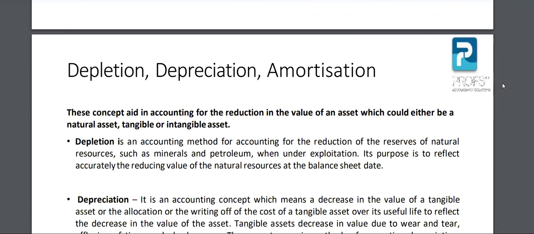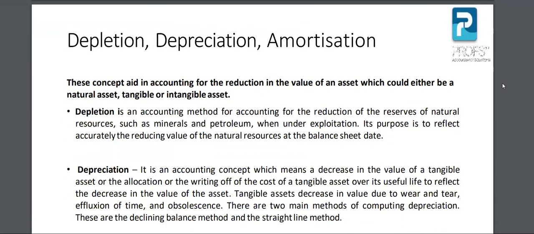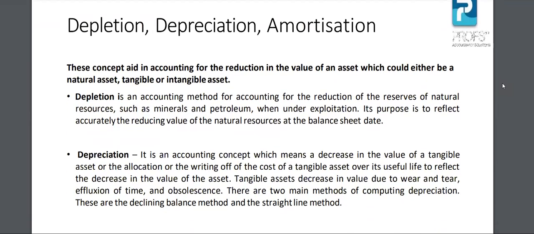But moving forward, we'll be facing some questions, and you may get confused along the line. So let's look at depletion, depreciation, and amortization. For depletion, I believe we've been meeting it, the reserves getting depleted. So depletion is mostly associated with a reduction in the value of the natural resource.